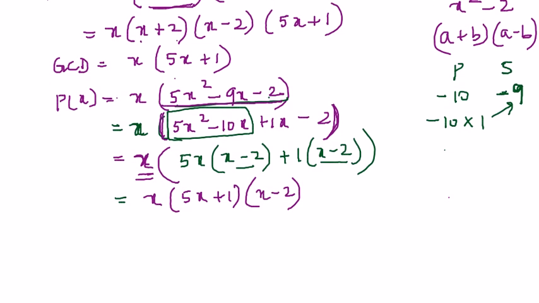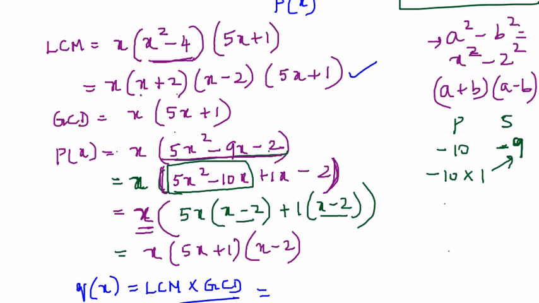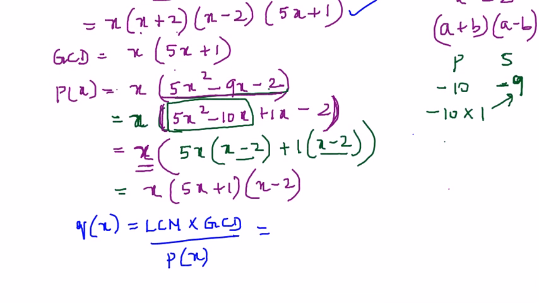Now note the formula for Q of X. It is LCM into GCD by P of X. So what is LCM? This is the LCM we found, right? So let's write it down. It is x into x plus 2 into x minus 2 into 5x plus 1, into 5x plus 1.